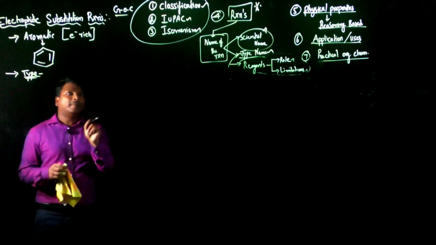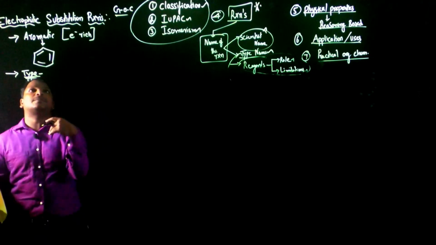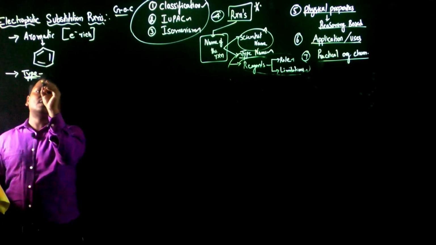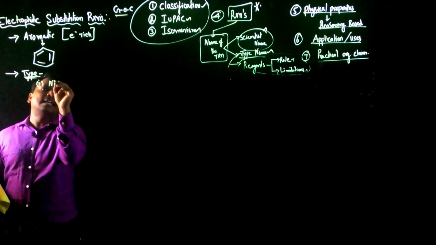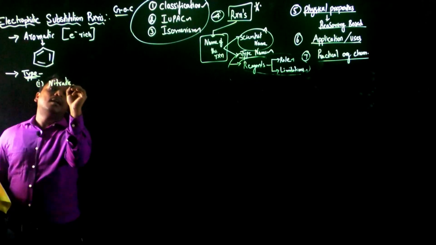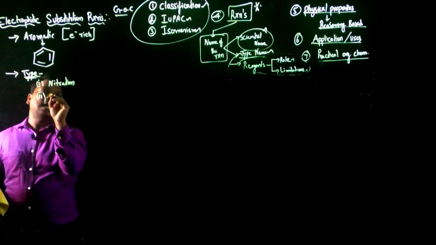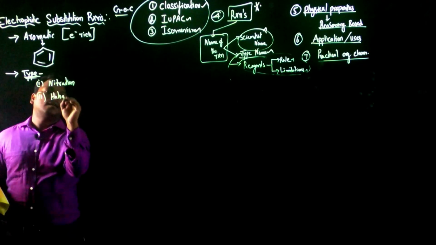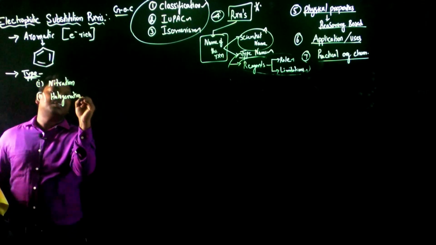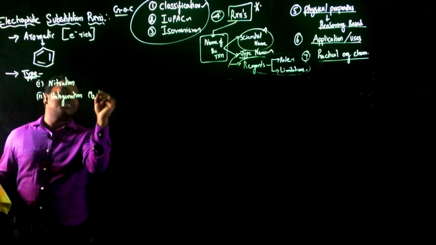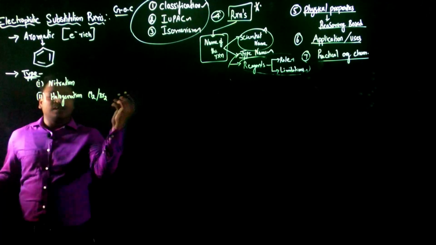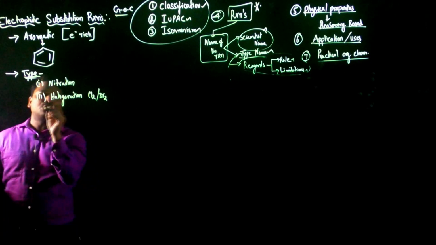First let me explain all the basic reactions that come under electrophilic substitution, and then we'll go for other reactions. First one is the nitration reaction, very important. Second, we are going to learn halogenation, like chlorination and bromination. If it is iodination, I am going to give some criteria for that.